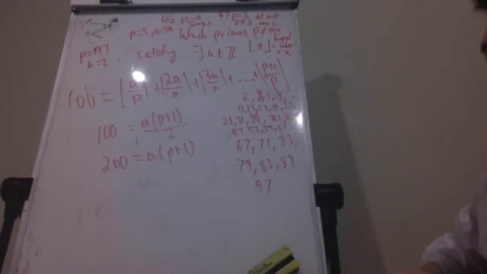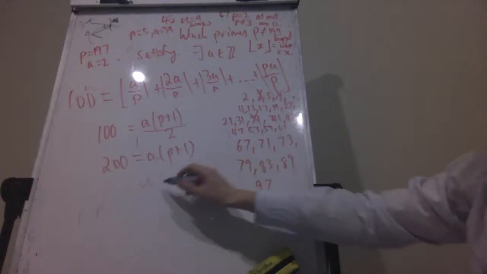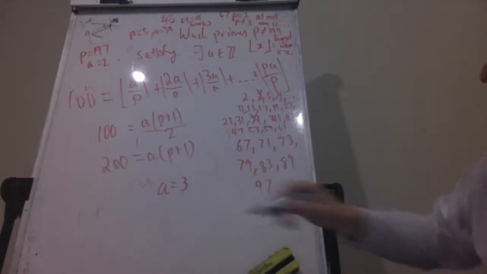Pretty sure I tried 3 and 4. If you try 97 for 3, you end up slightly off, so 3 probably won't work. So you're saying A equals 3 doesn't work for anything? I think so.